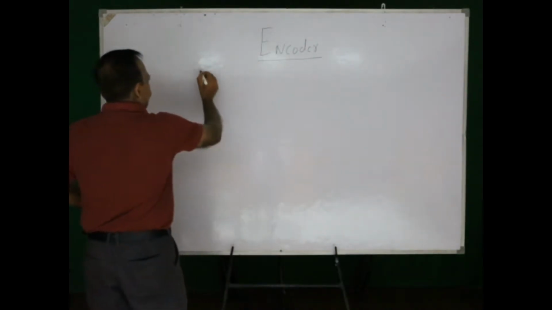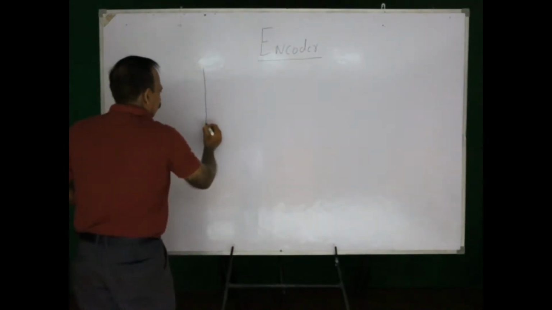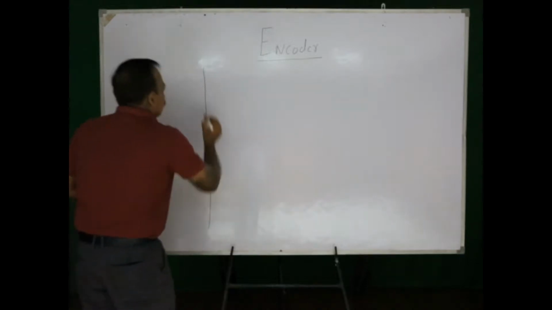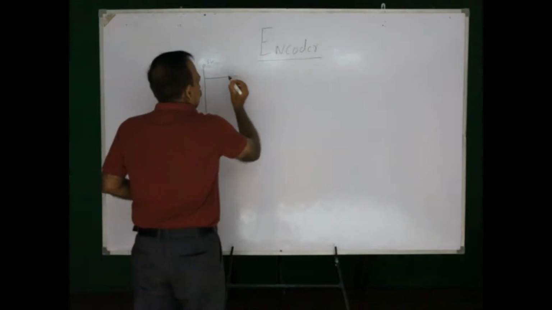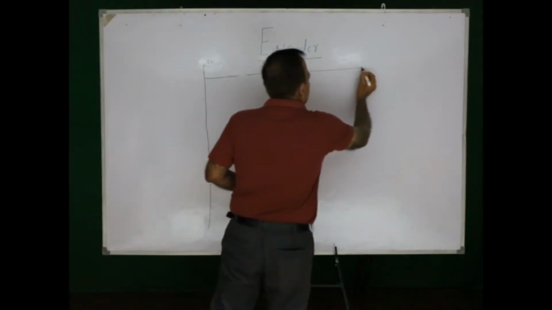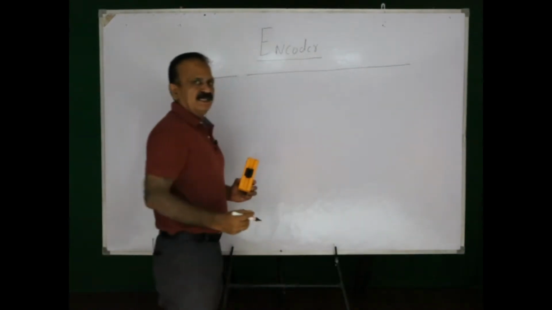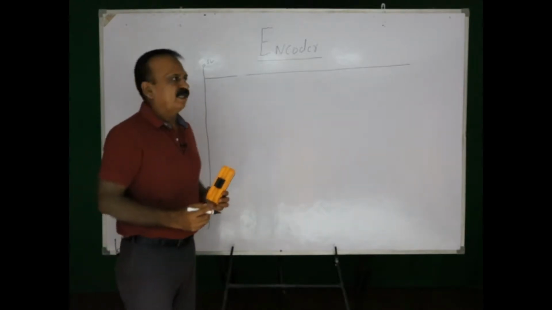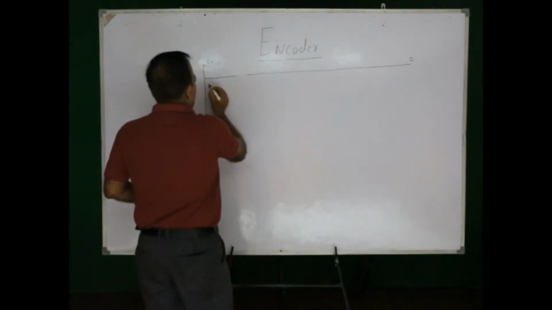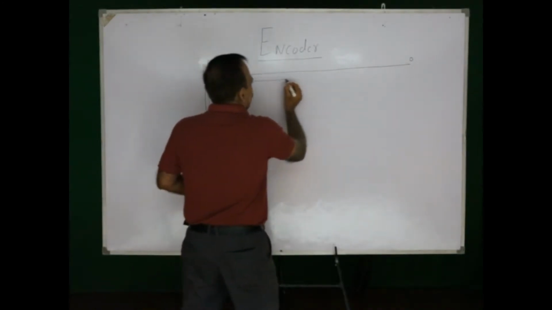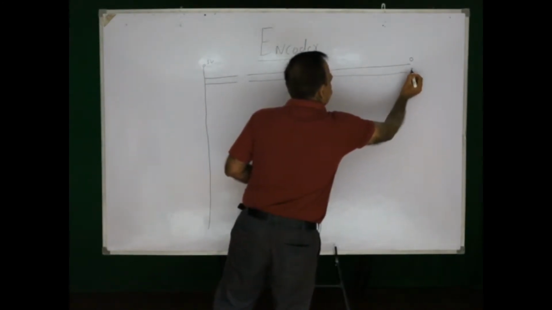Now we are having a 5 volt wire here. These horizontal lines will be representing the decimal digits. Say this first wire represents 0. The next one represents 1.